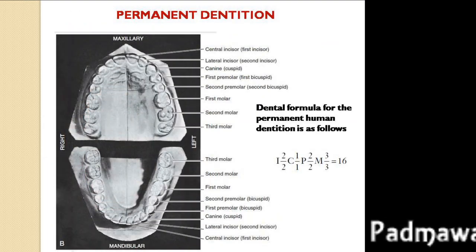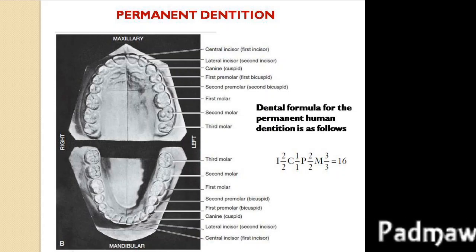The teeth above the line are maxillary, the teeth below the line are mandibular. Coming to permanent dentition, the number of teeth increases. A total of 32 teeth are present in the oral cavity, 16 in each arch: two central incisors, two lateral incisors, two canines, two premolars on each side, that is four premolars in one arch, and three molars on each side, making six molars in an arch.